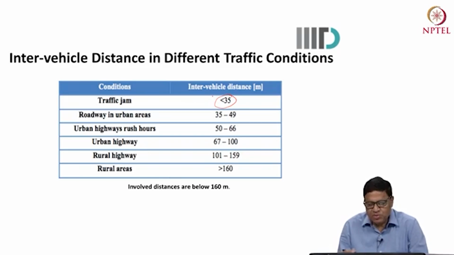And also we need to understand what is the average inter-vehicle distance in different traffic conditions. So in a traffic jam, it is less than 35 meters. For example, in rural areas, greater than 160 meters. So the distances are of the order of 160 or 200 meters, of that order. So one has to design a system based on all these requirements.